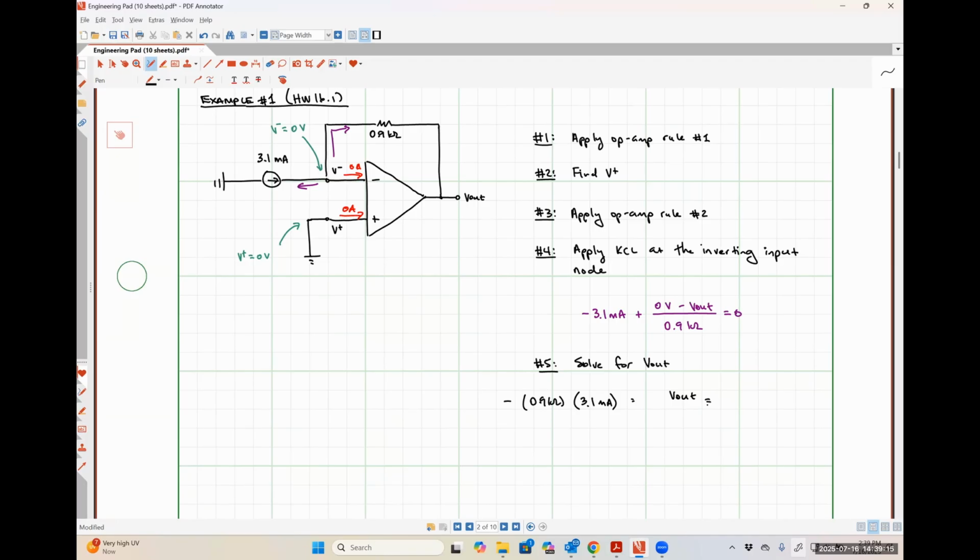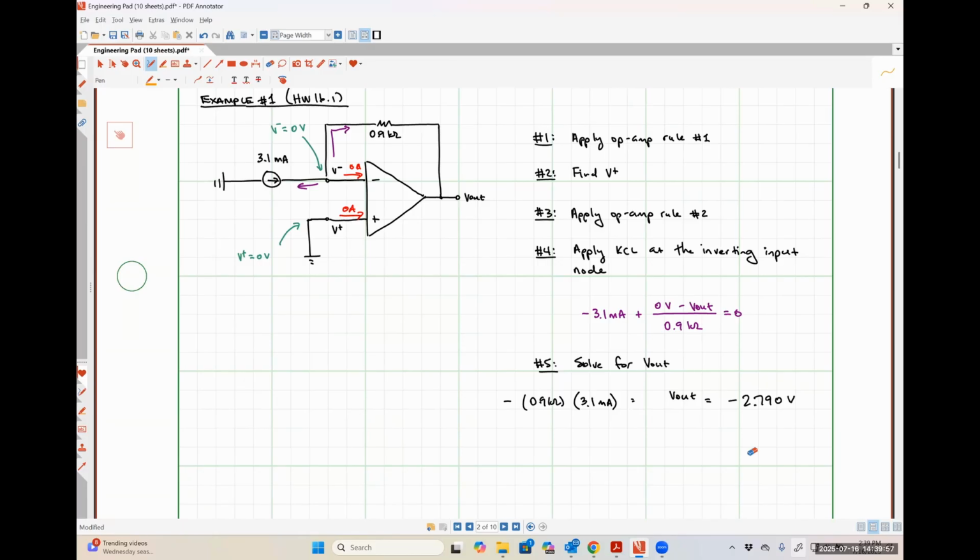Throwing this into my calculator, because I can't do that in my head very easily, 3.1 times 0.9 comes out to be negative 2.79 volts. So just to bring things back to what we talked about a while ago, I applied a positive input signal and got a negative output signal because my input was applied on the inverting input terminal side of the system.